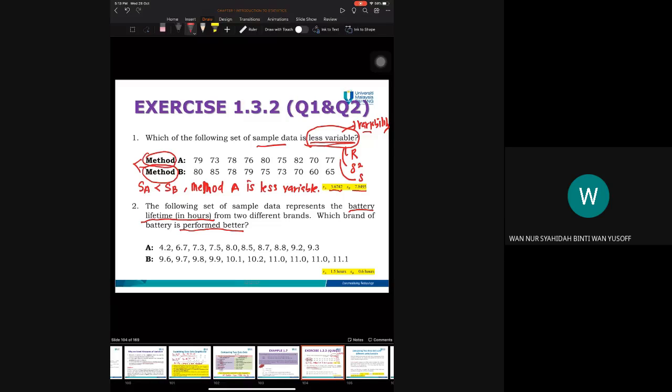It is variability. Okay, so variability. Can we calculate CV here?